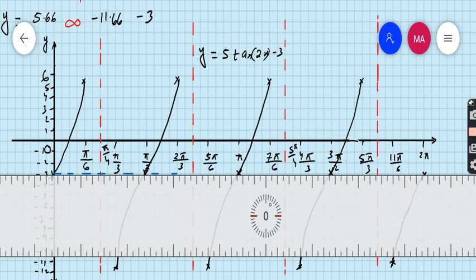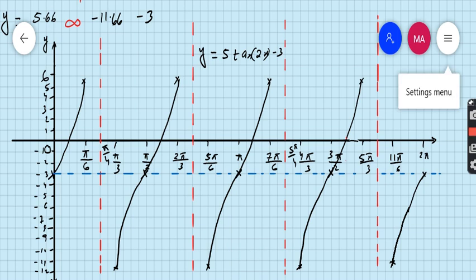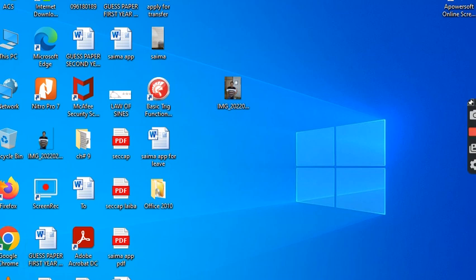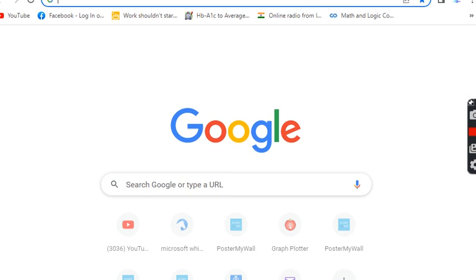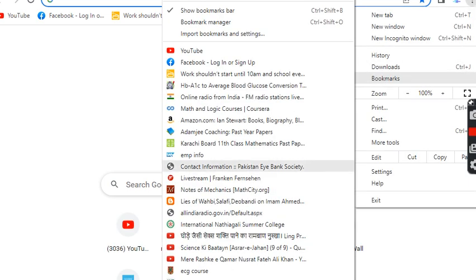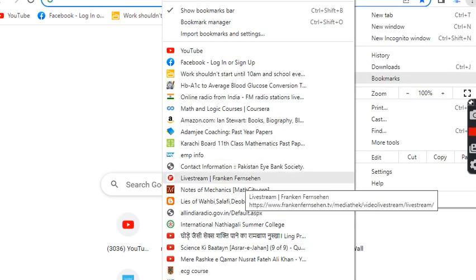This time the graph doesn't start from 0 but starts from minus 3 because this is the y shift. Okay, this is the complete graph. Now I am using the online graph plotter to verify my answer.